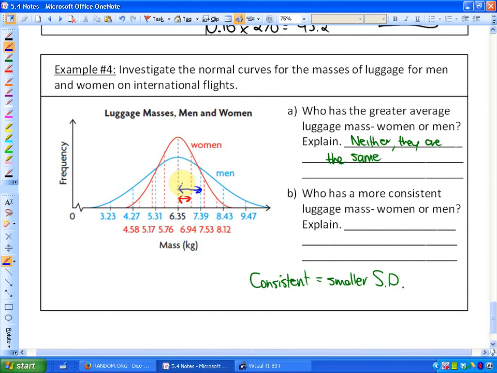So since women have a smaller standard deviation, and this is why the women's normal distribution is more together, they are more consistent. So the answer here would be women, and the reason, because they have a smaller standard deviation.